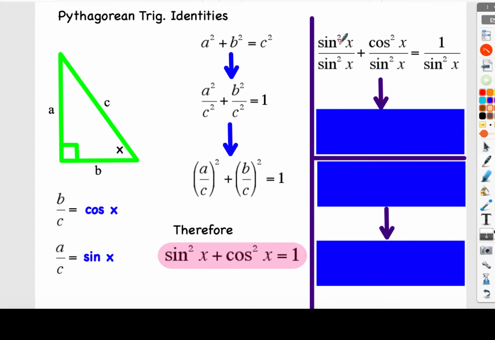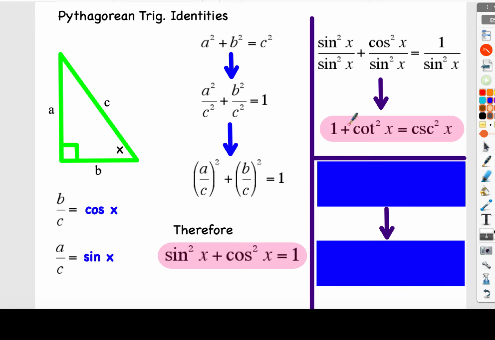Well, you'll notice sine squared divided by sine squared, cosine squared divided by sine squared, and 1 over sine squared. Sine squared over sine squared should be equal to 1. Cosine over the sine is really the same thing as the cotangent. We know that from the quotient formulas. And 1 over the sine is really cosecant. So 1 over sine squared is really just cosecant times cosecant, or basically cosecant squared. And we've just proven another Pythagorean identity.